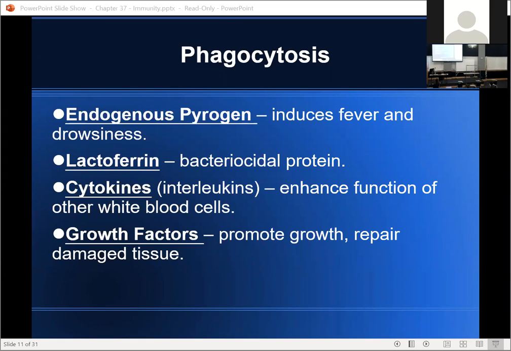Okay, then there's growth factors. So at the site of the infection, we're going to have damaged tissue. So growth factors are going to help to repair the damage done to the tissue by the pathogen. And also, some damage happens from the immune response as well. So that's going to help to repair that damage.